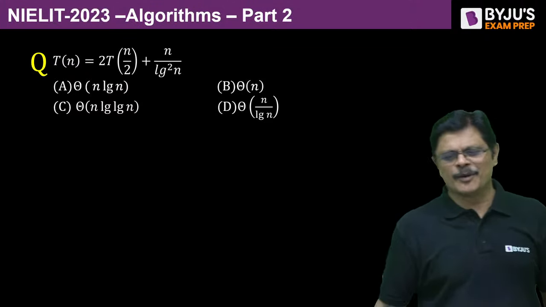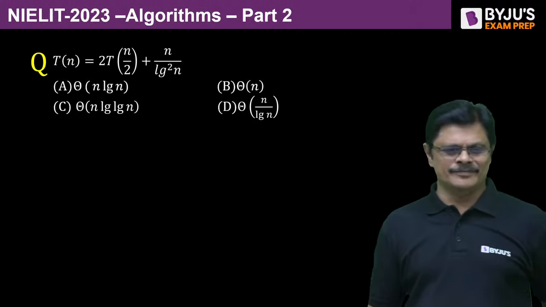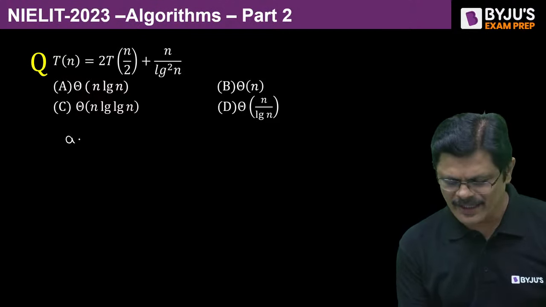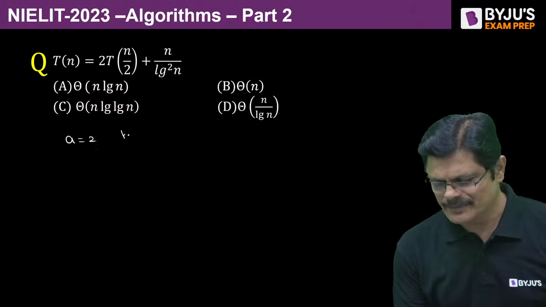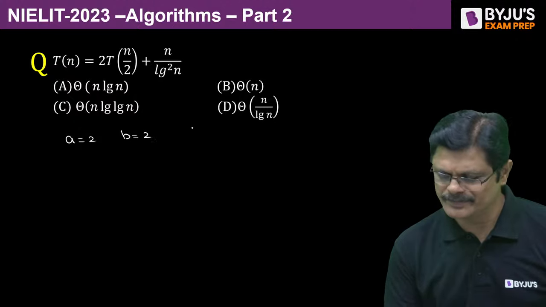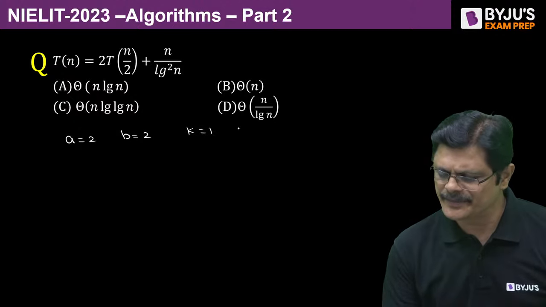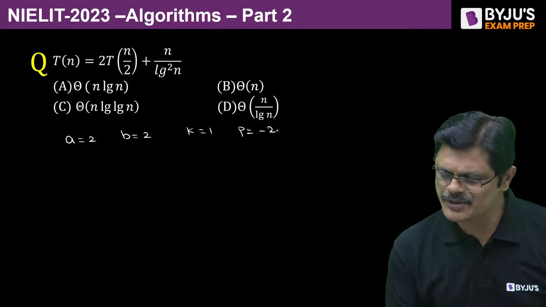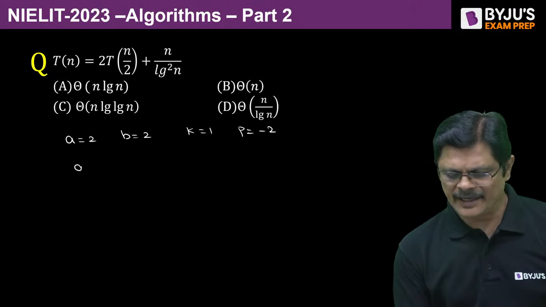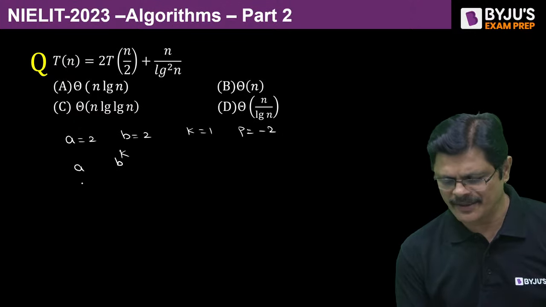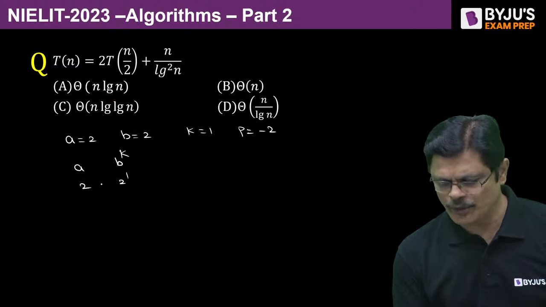Right. One more problem. A is 2, B is 2, K is 1, P is minus 2. Again, A with B power K, when you compare, 2 and 2 power 1 both are equal, case 2.